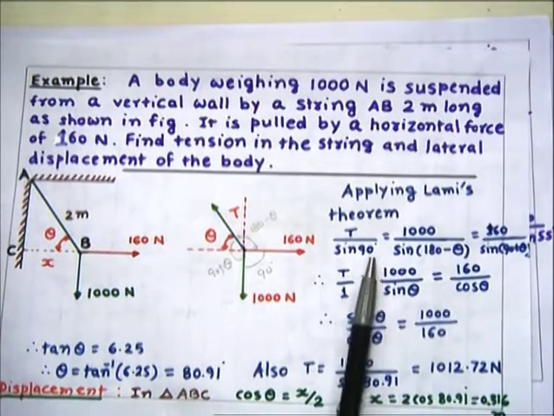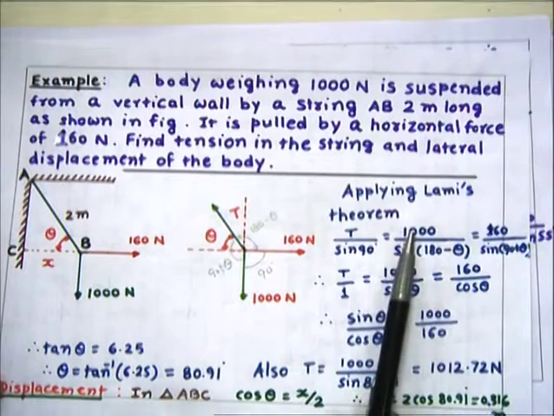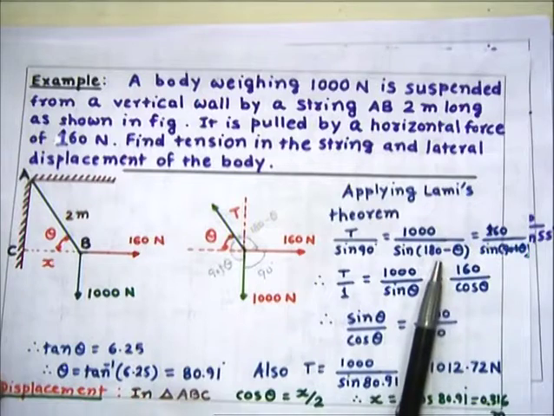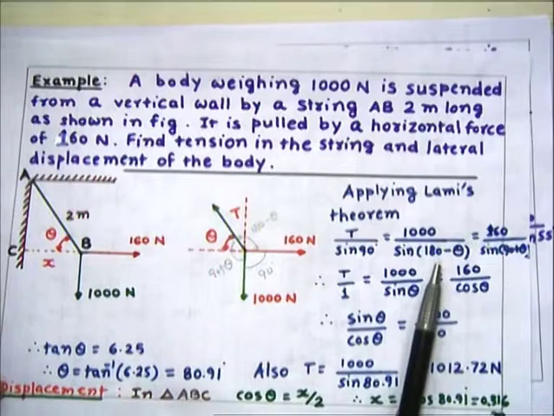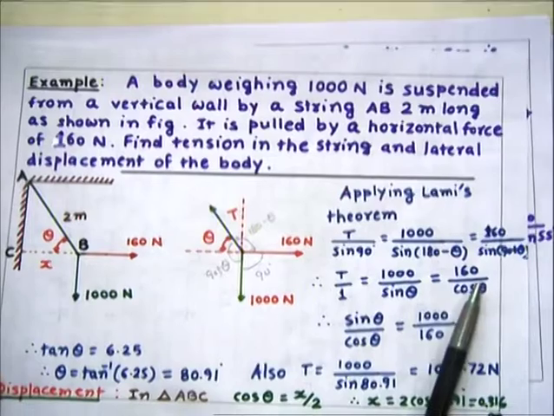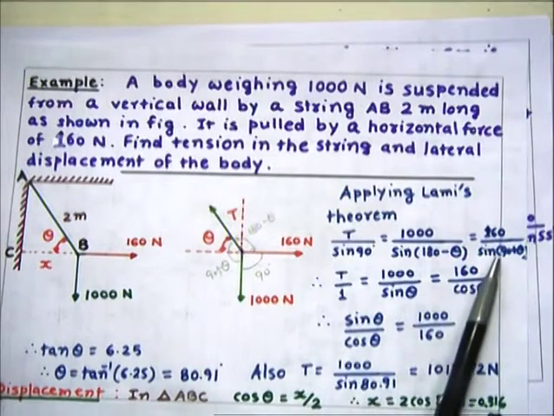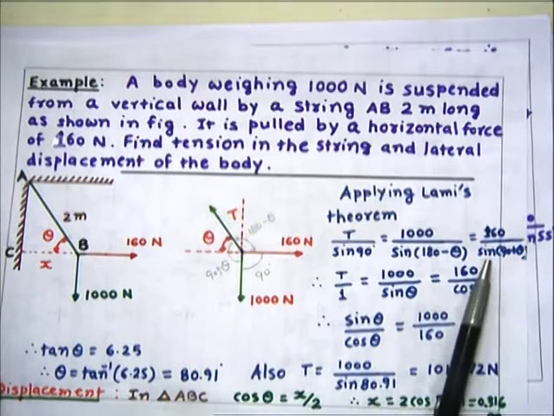So here in this formula, sine 90 is equal to 1, so T by 1 is equal to 1000 divided by sine of 180 minus theta, that will give you sine theta, because sine of pi minus theta, or 180 minus theta, is nothing but sine theta, which is equal to 160 divided by sine of 90 plus theta, or pi by 2 plus theta, so the function will change from sine to cos.